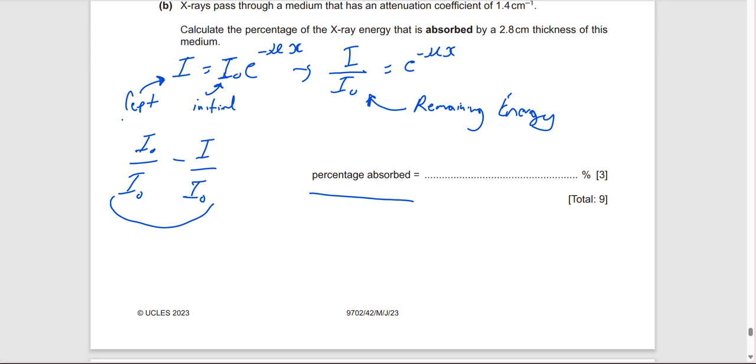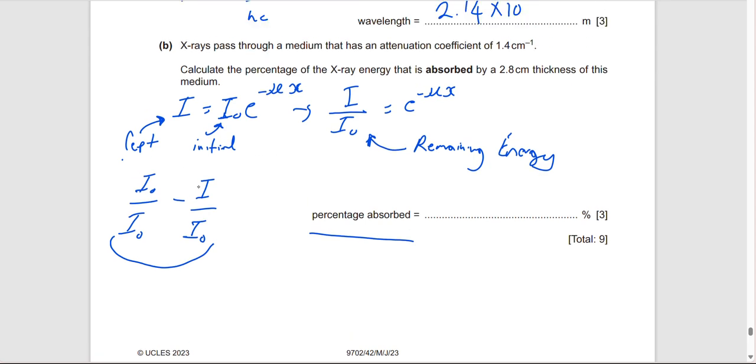So we know that this is equal to e to the negative mu x, so it's 1 minus e to the negative, substituting in the values, 1.4 multiplied by 2.8, just like that.